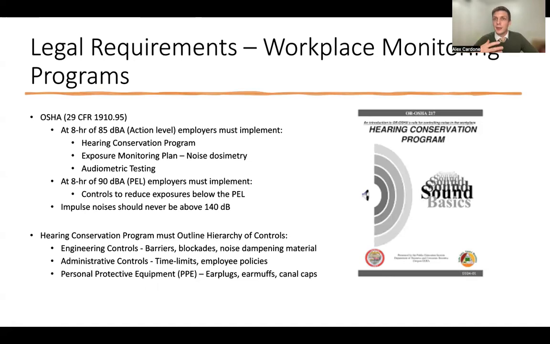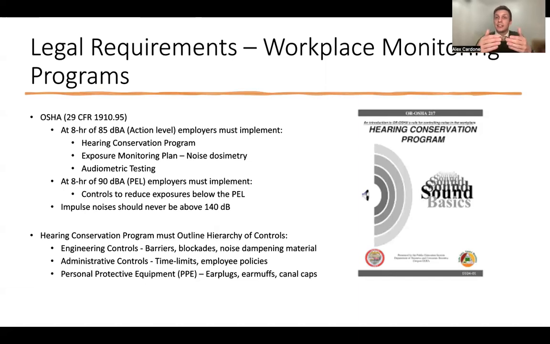Administrative controls that a company could implement are time limits. Again, everyone at certain levels can be exposed to noise for a certain amount of time. If they're being exposed at 95 decibels, they may say that worker A can work in this area for 4 hours, but then worker B has to replace worker A after those 4 hours to work the rest of the shift.